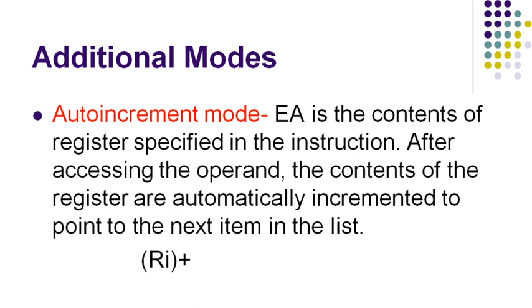But in a byte addressable memory, this mode would only be useful in accessing successive bytes of some list. So to access successive words in a byte addressable memory with a 32-bit word length, the increment must be 4 because the word size is 4 bytes. Computers that have an auto increment mode automatically increment the contents of the register by a value that corresponds to the size of the accessed operand.